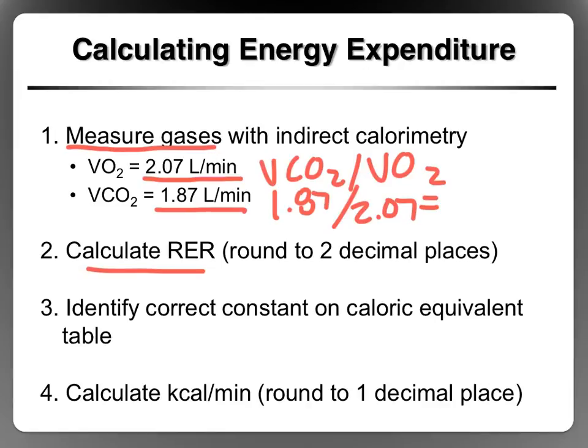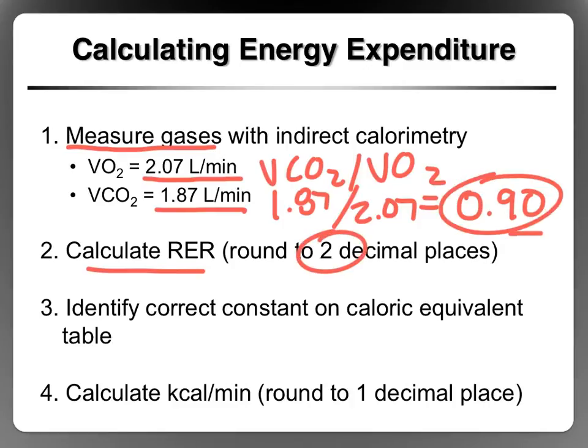And if you do the math here, you will get an RER of 0.90. Okay, so you want to round your RER to 2 decimal places, 2 numbers to the right of the decimal point. Now that you have your RER, the next step is to identify the caloric equivalent. Okay, and for this you're going to use the table.